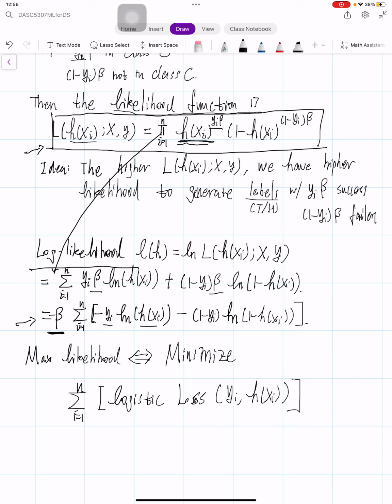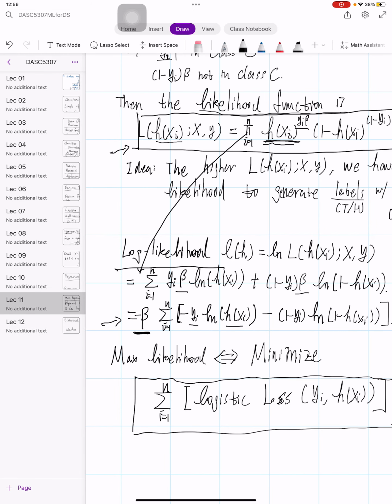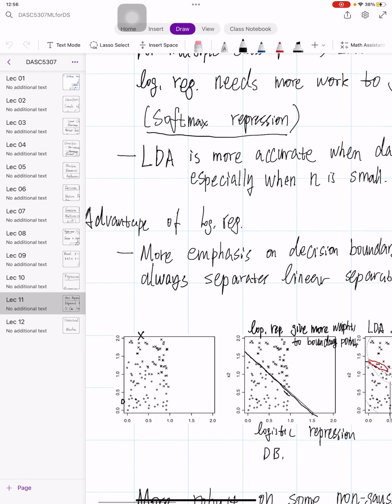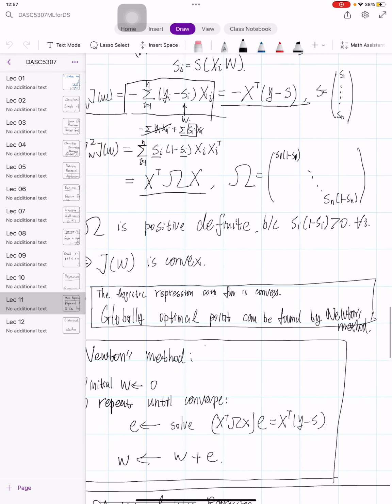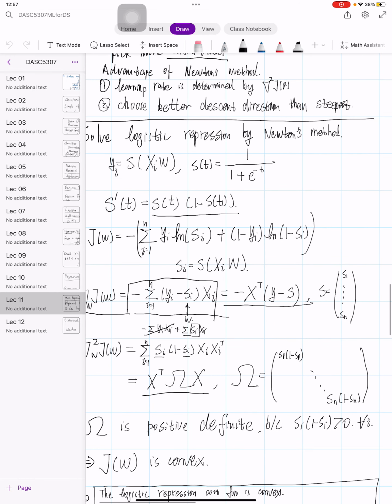Okay, so this is exactly what we're doing in finding the parameters in logistic regression. If you check our last class notes, we are actually minimizing this cost function.